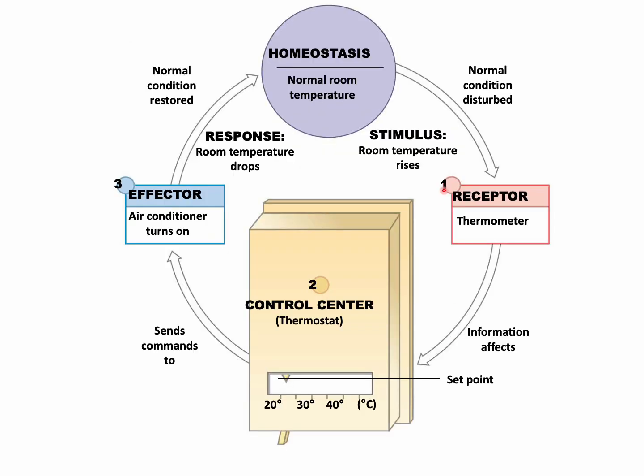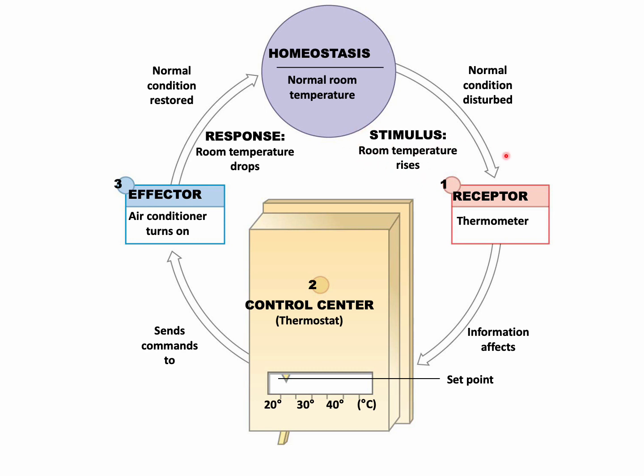Okay, so in the example that we were talking about here, we can talk about the two put together. A normal condition is disturbed, so talking about room temperature. The stimulus in this case would be the room temperature rising.